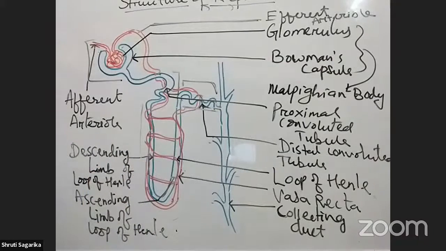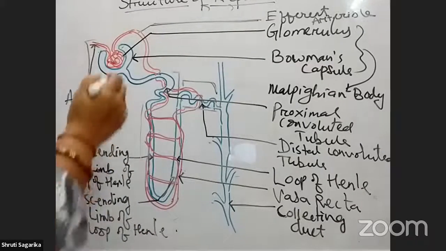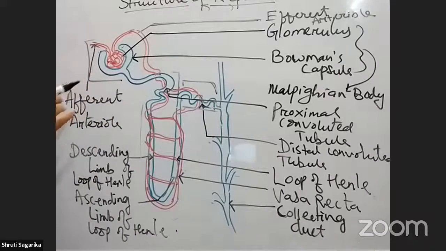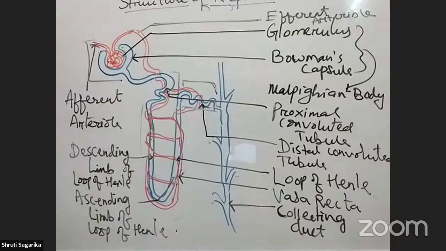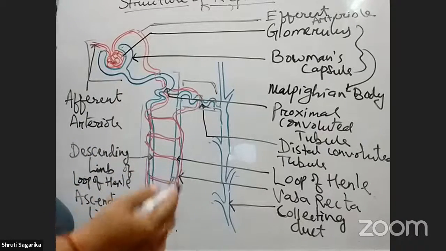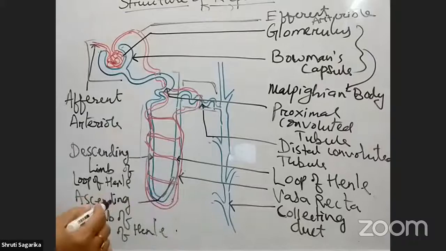Now which blood vessel will come near the nephron? Nephron gets its blood supply from the branch of the renal artery. Clear? As the nephron is a very tiny structure, when the renal artery enters the kidney, it cannot go near all the nephrons.